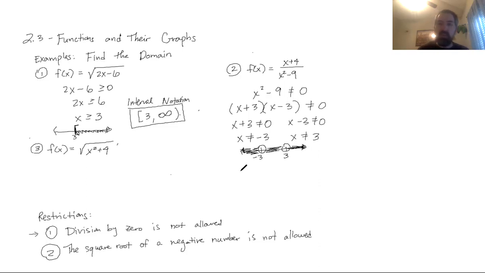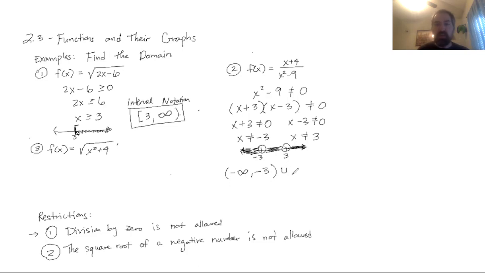If we write this from left to right, where does the domain start? Well, it starts at -infinity because it never ends moving to the left. So that's represented by -infinity. And then it's got to stop just to the left of -3. We can't include -3, so we want to use parentheses around that -3 because we're not including it.